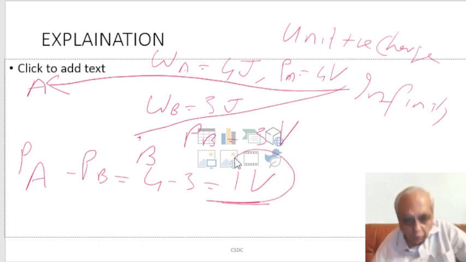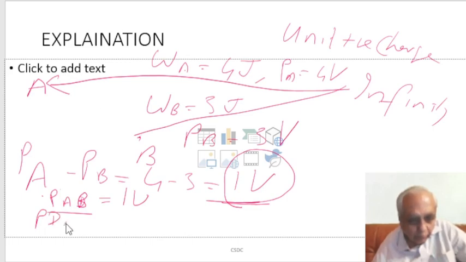Now what do we mean by that? The potential difference between A and B is 1 volt. Potential difference is written as PD. So I will say the PD between A and B is 1 volt. What does it mean?